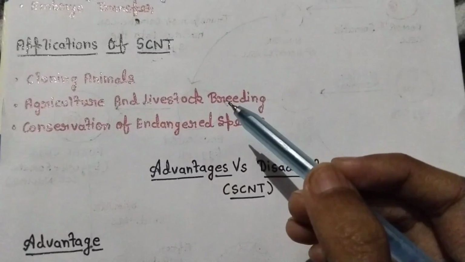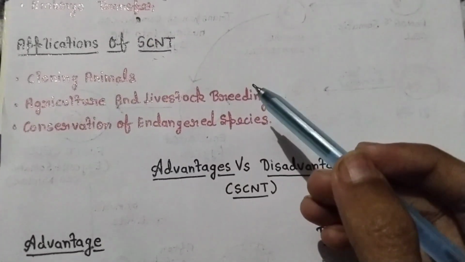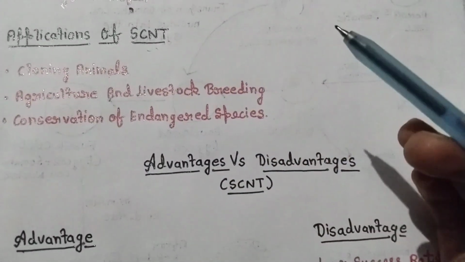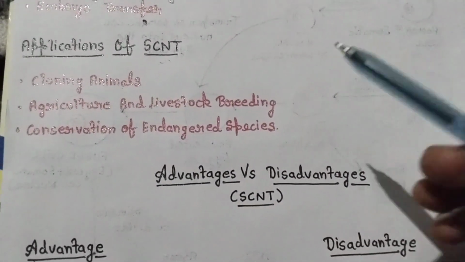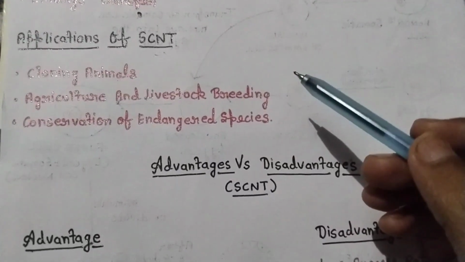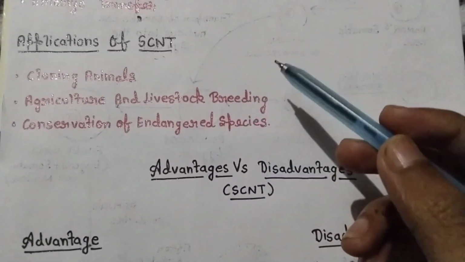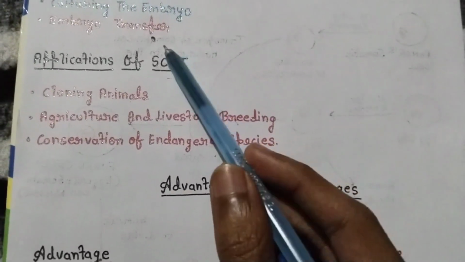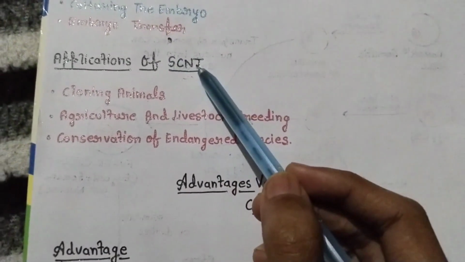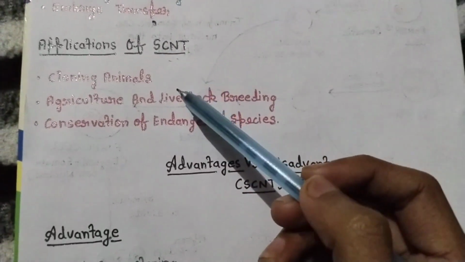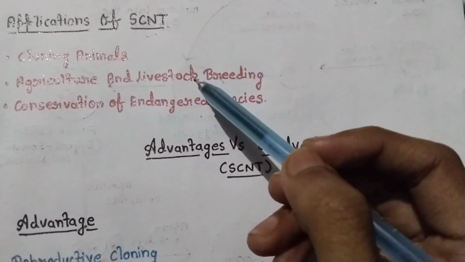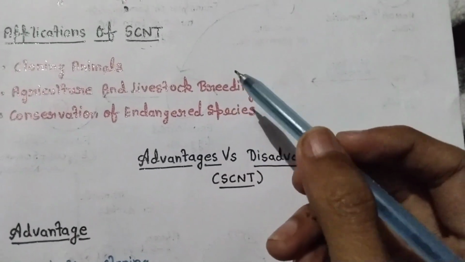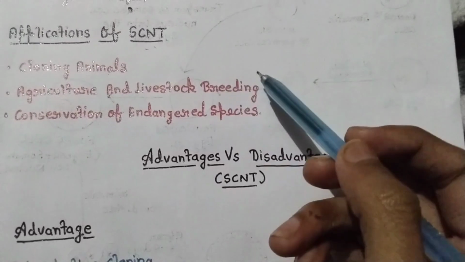Or we can say that any animal that is genetically resistant to a particular disease, and we want that the offspring formed also contains those similar disease-resistant properties, then we are going to apply this somatic cell nuclear transfer technique, right? So what will happen is that the need for antibiotics will be reduced. So that will be a good point, right?